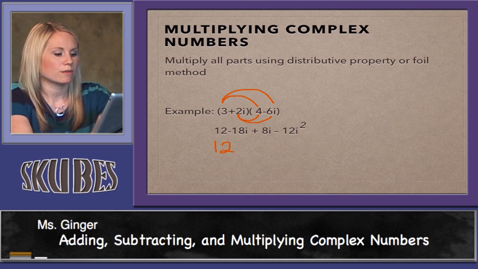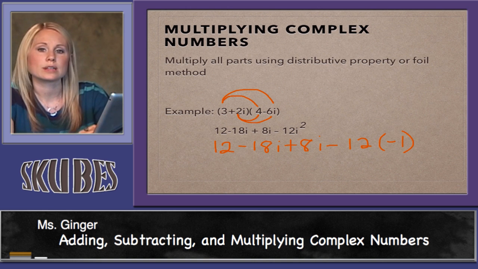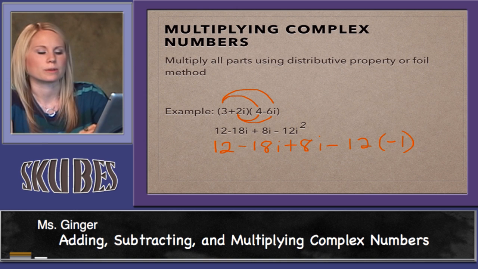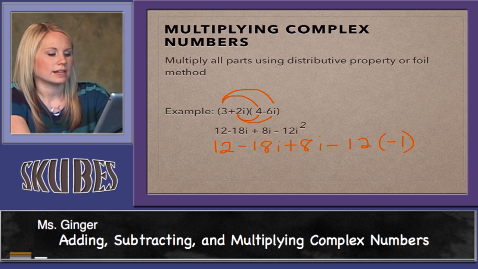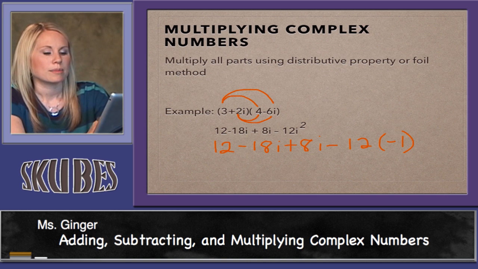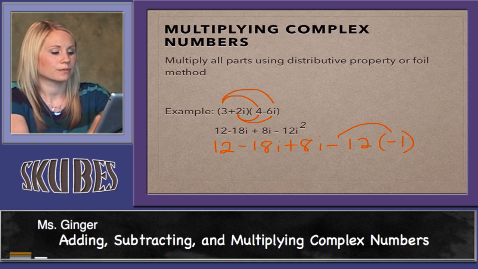I'm going to have 12, and then eventually these i parts can come together. And then over here at the end, I'm going to replace this i squared with negative 1 because that's what it's equal to. And we'll talk about that a little more in a minute. Alright, now I have 12 minus 18i plus 8i plus 12. You can see that these two negative numbers are going to come together to become a positive.